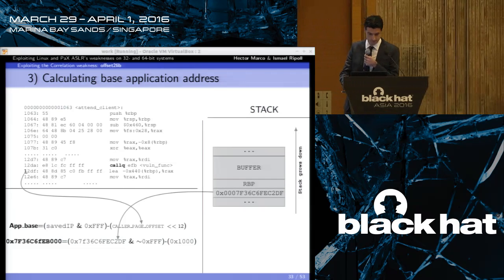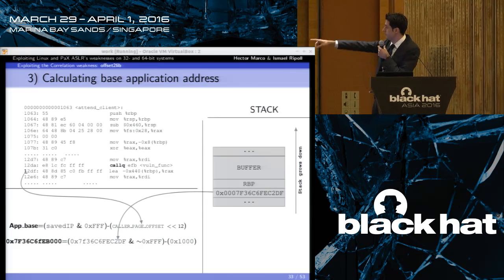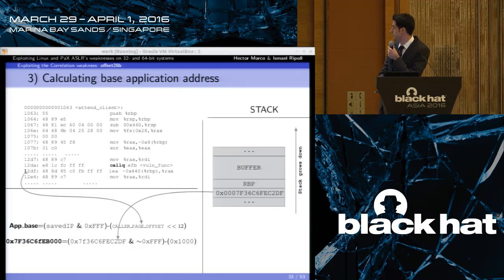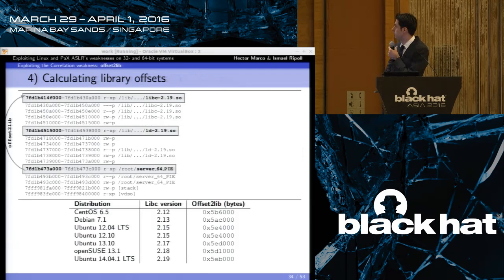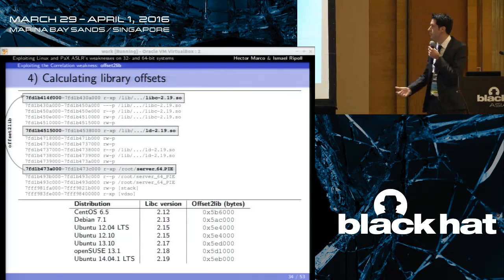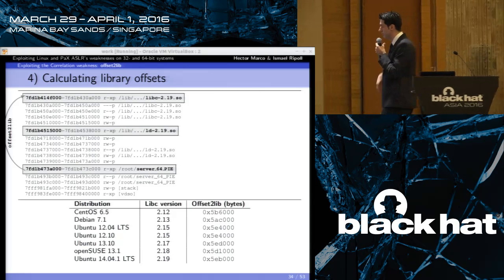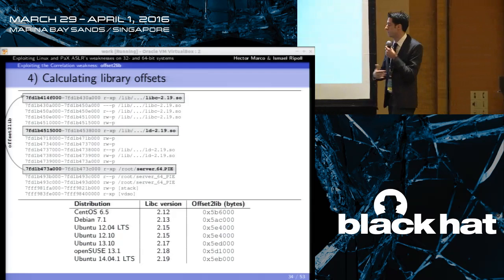I'm going faster. So doing this operation, we obtain on the left where the executable is in memory. Once we know where the executable is in memory, just by doing a simple operation we can obtain where the libraries are in memory, and then we can build ROP attacks or whatever we want.